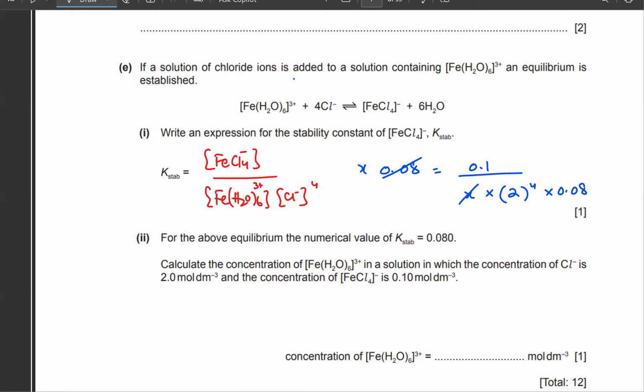I got 0.08. Can you repeat your answer? Amna, did you try this? What's the answer? 0.0781. So I guess that's the correct one. But pretty simple, straightforward. Everything was given.